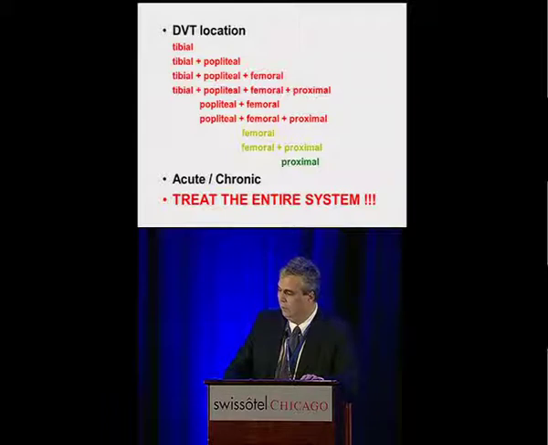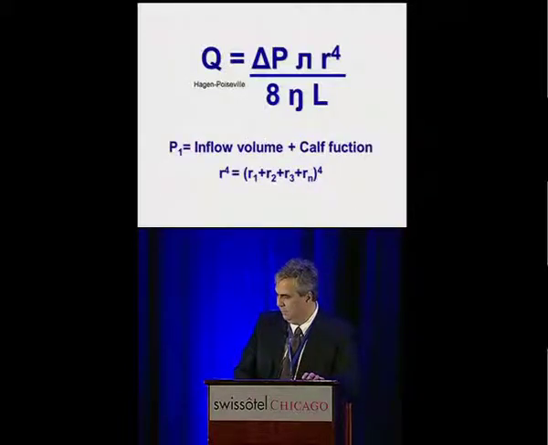If you treat a patient that has a popliteal occlusion or infrapopliteal occlusions, and treat just the femoral or proximal occlusion, you won't get inflow, and these are the stents that will close down in a few months. So remember that you must treat the entire system.